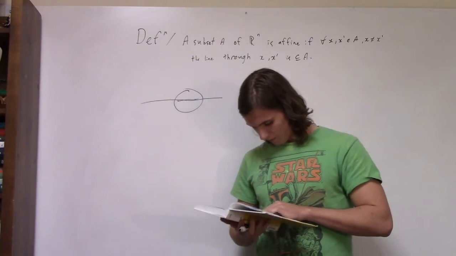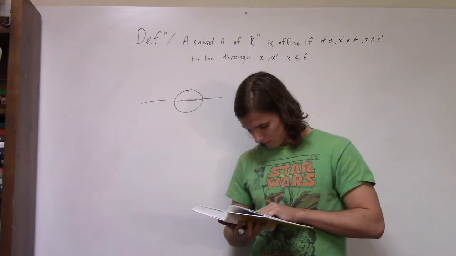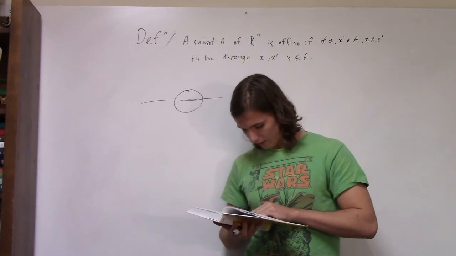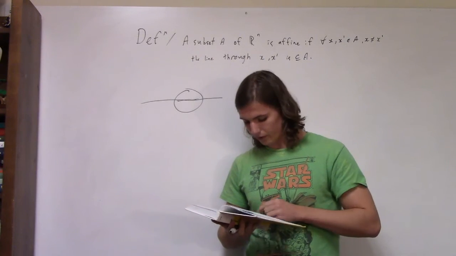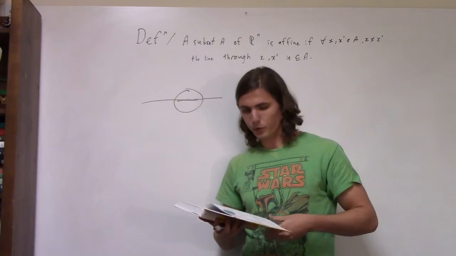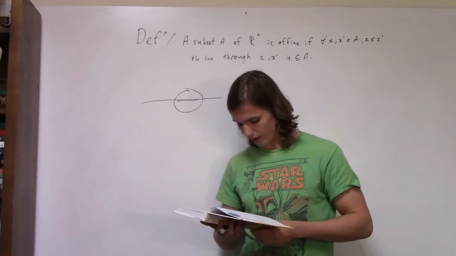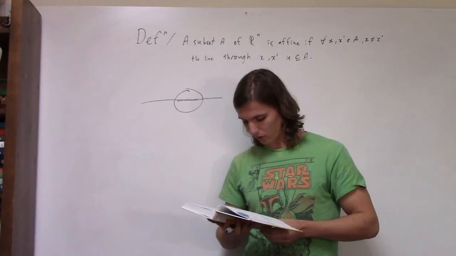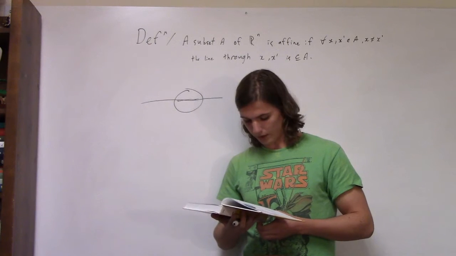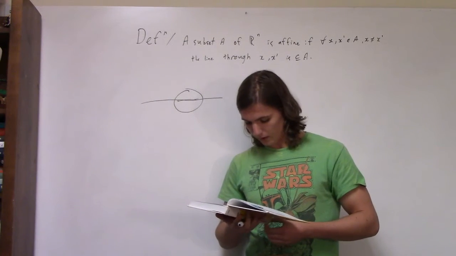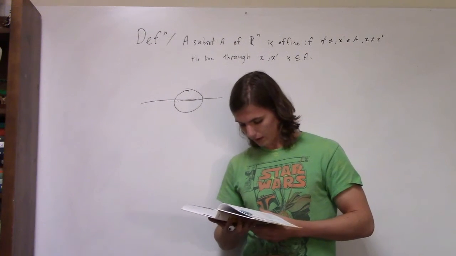And so when you're talking about a collection of points or just a subset of Rn, you can define the convex hull of that set, which is the intersection of all convex subsets of Rn containing that set.